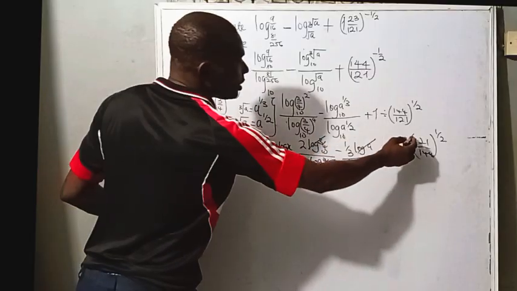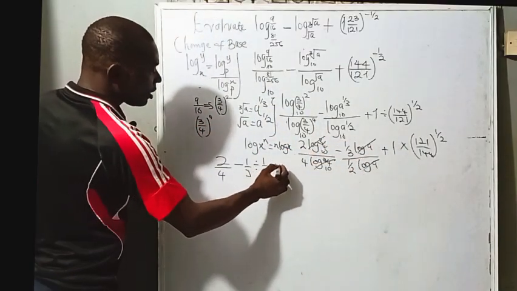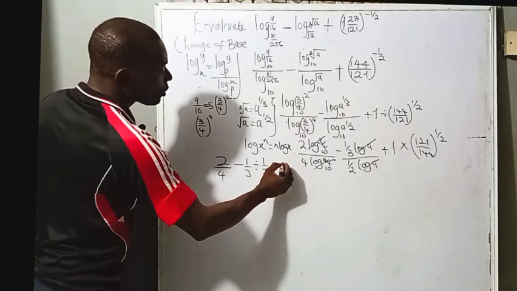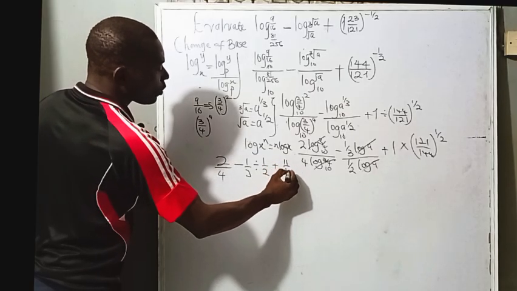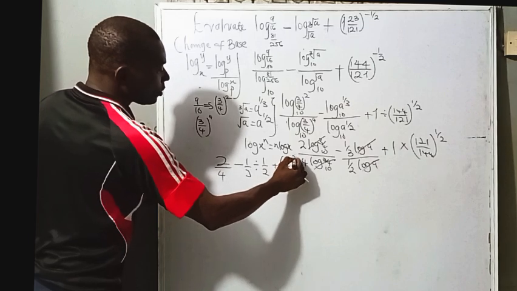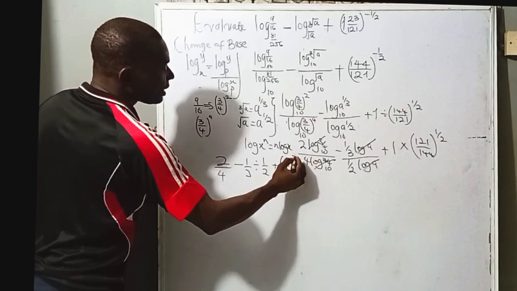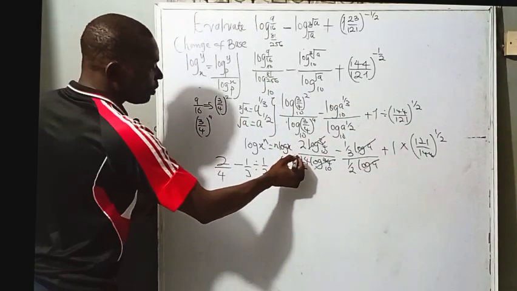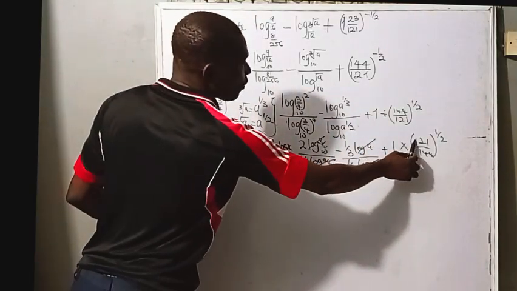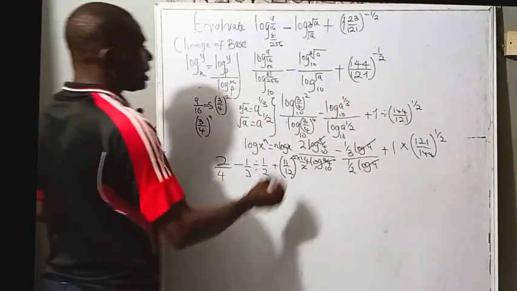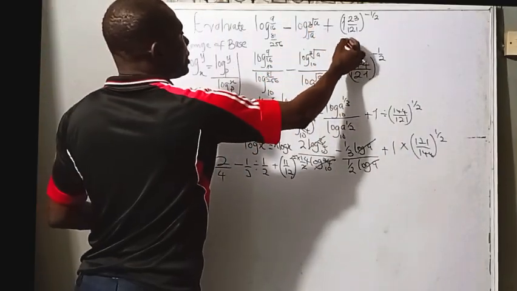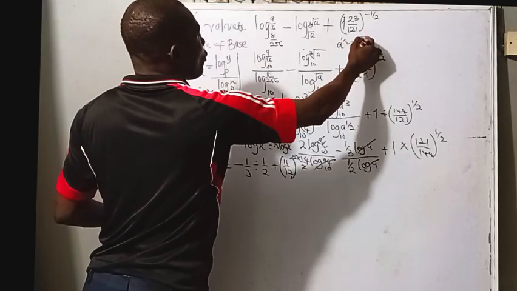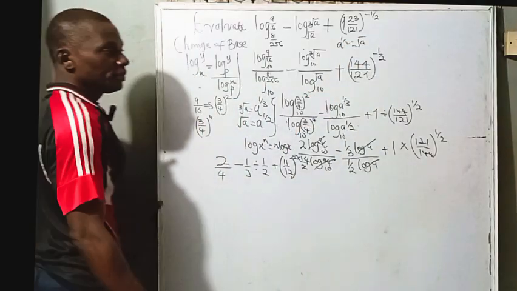Here, 121 means 11 squared. So this one we can also say is 11 over 12 raised to power 2 times the half, or simply you just find the square root of 121. That's the meaning: if you have a raised to power half, it means square root of a.